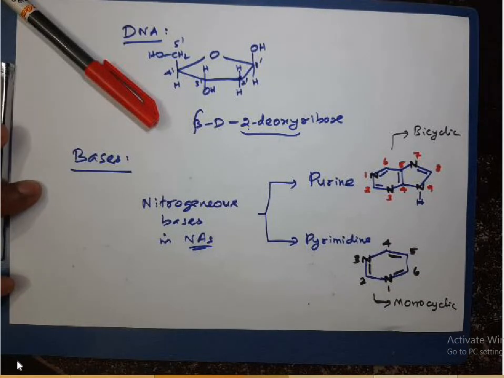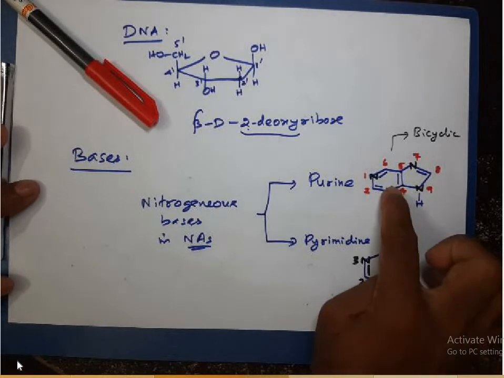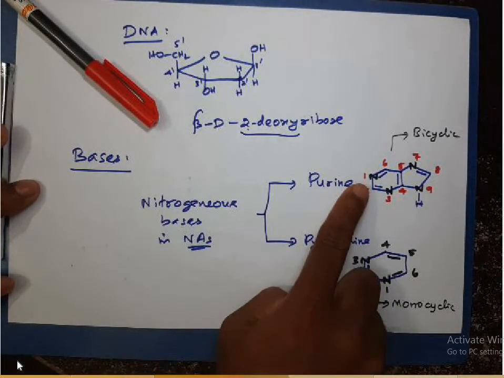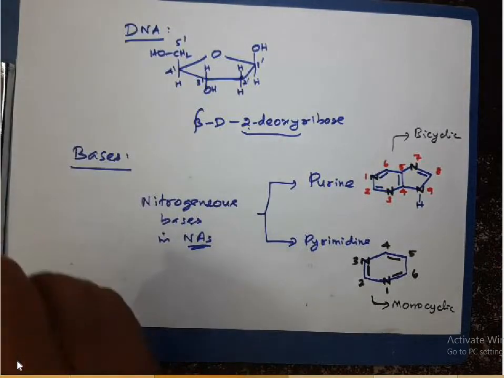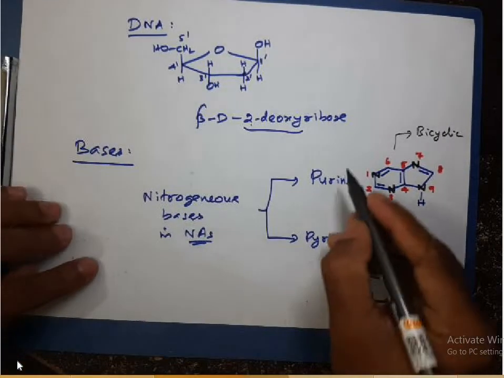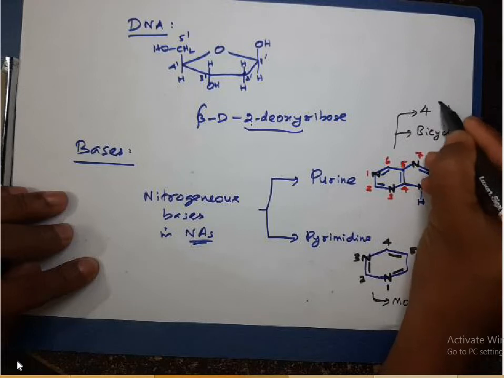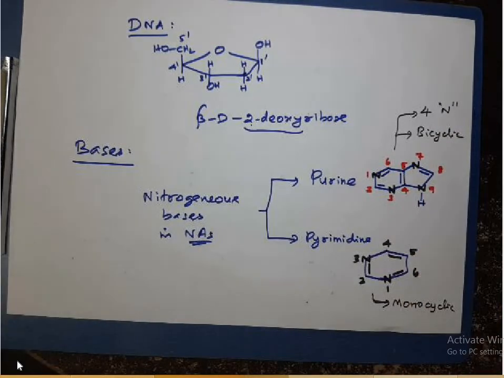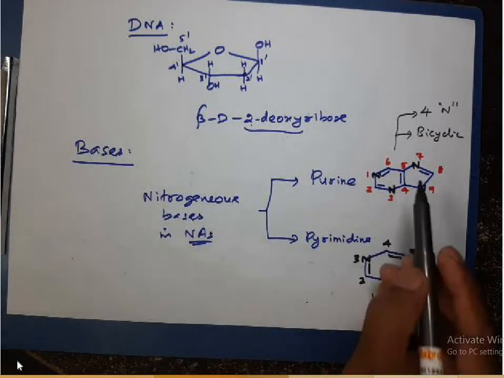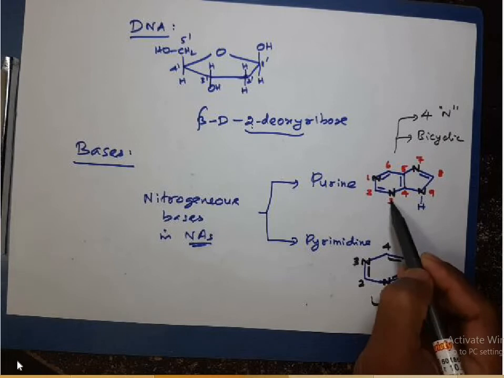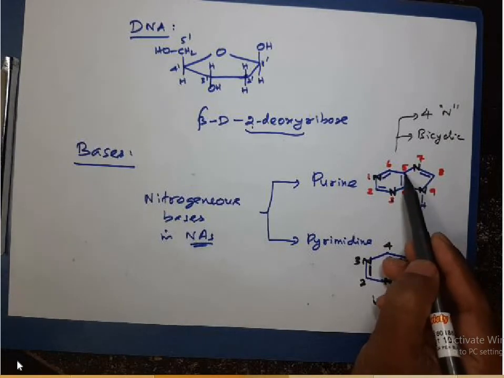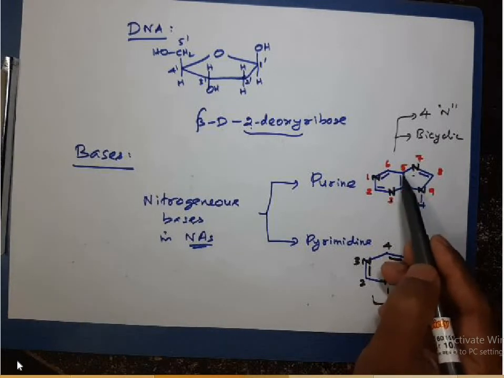In purine we have 4 nitrogen atoms. Where are they present? Actually, they are present in odd number positions. Position 5 is fused between the two rings, so nitrogen cannot be present there.